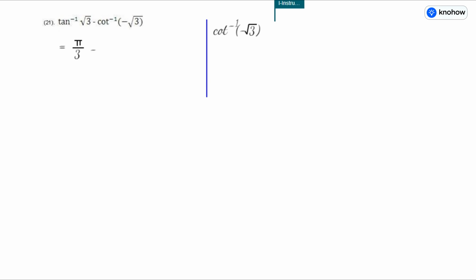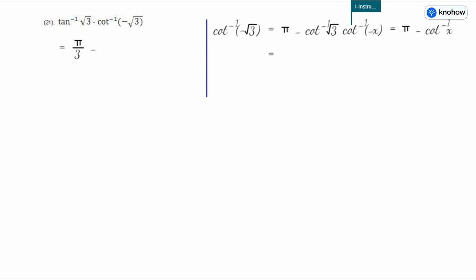Do you know cot inverse of negative x is pi minus cot inverse x?